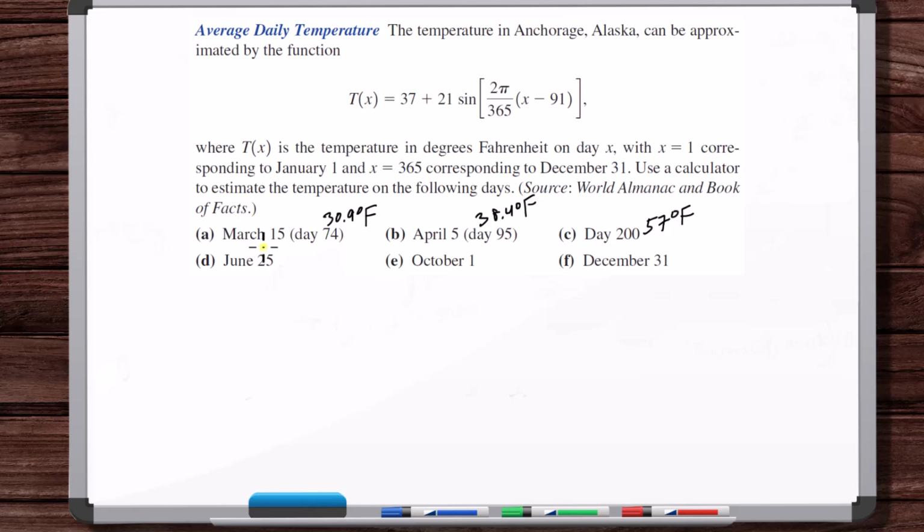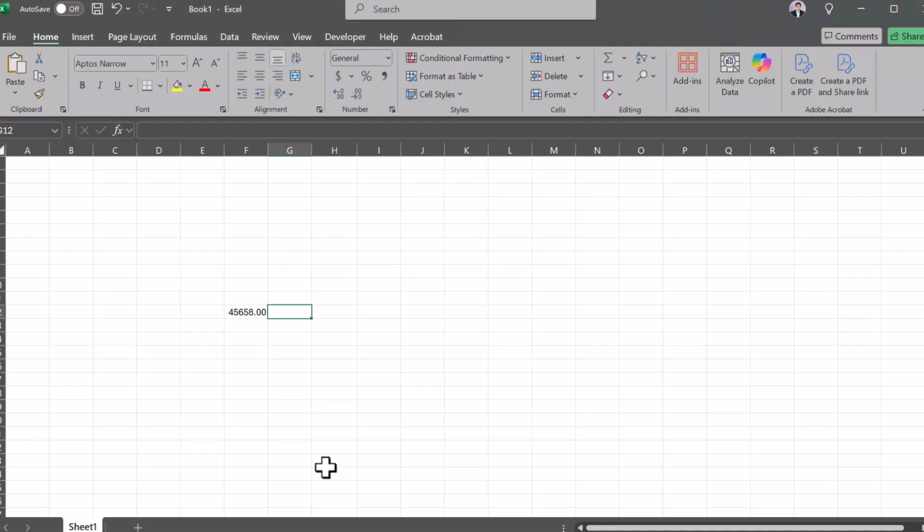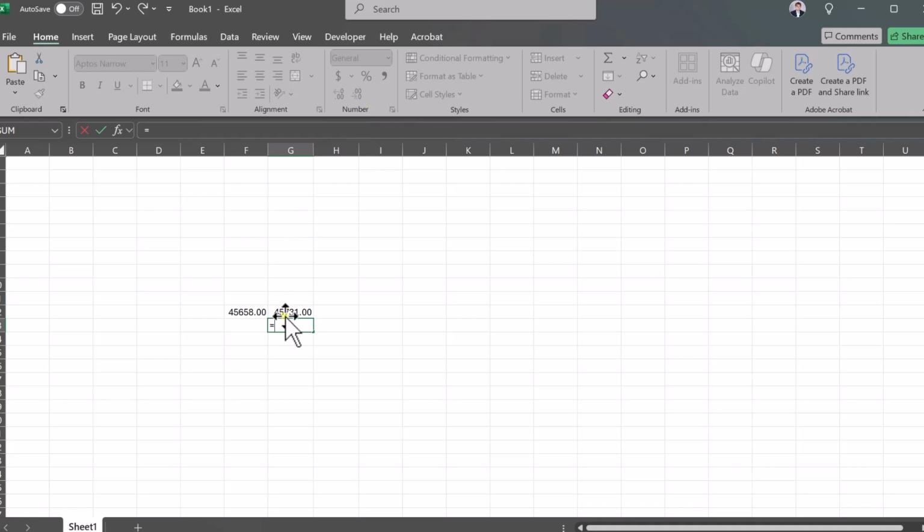Okay, now let's test this. March 15th. We want to do this minus this, but then add 1, because if we were doing January 2nd and subtracted January 1st, we'd get 1, but we want 2.